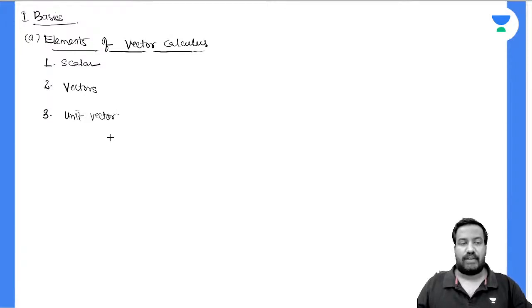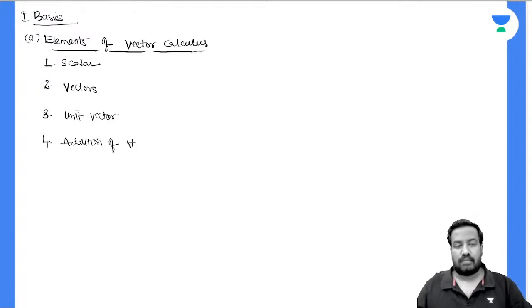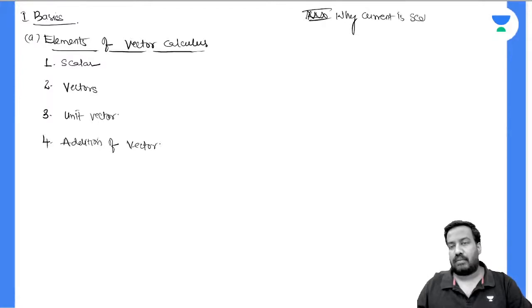A unit vector is one which gives you the direction of the vector at any point. Then we had seen how to add vectors. I made a video on why current is scalar. Please go through it.